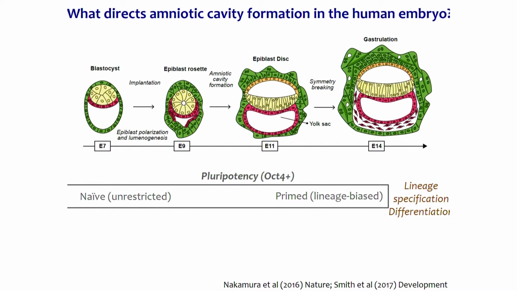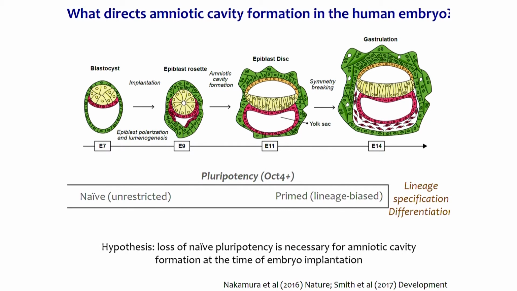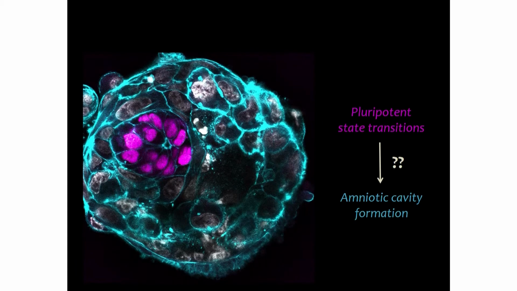They start to lose pluripotency in the route towards lineage specification and differentiation at gastrulation. So the hypothesis was that maybe this loss of pluripotency was necessary to form the amniotic cavity and for the cells to become epithelial. In other words, is this pluripotency network of the embryonic tissue controlling amniotic cavity formation?